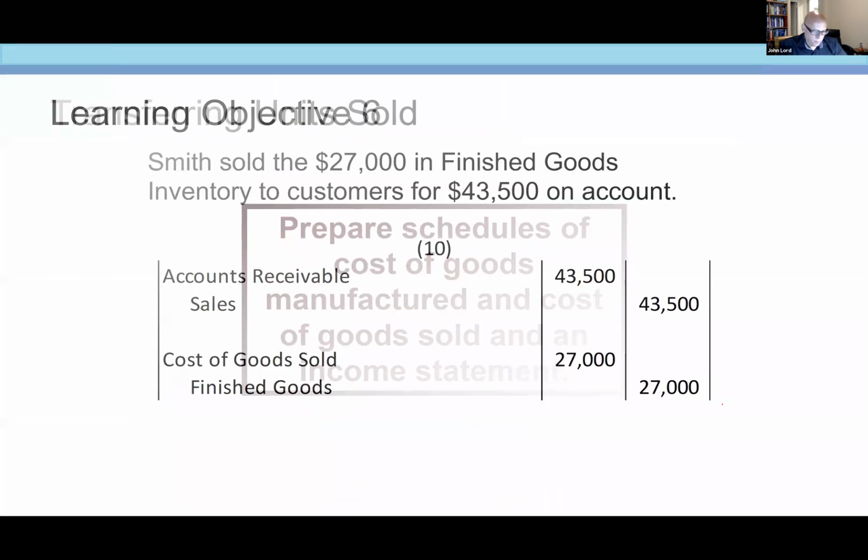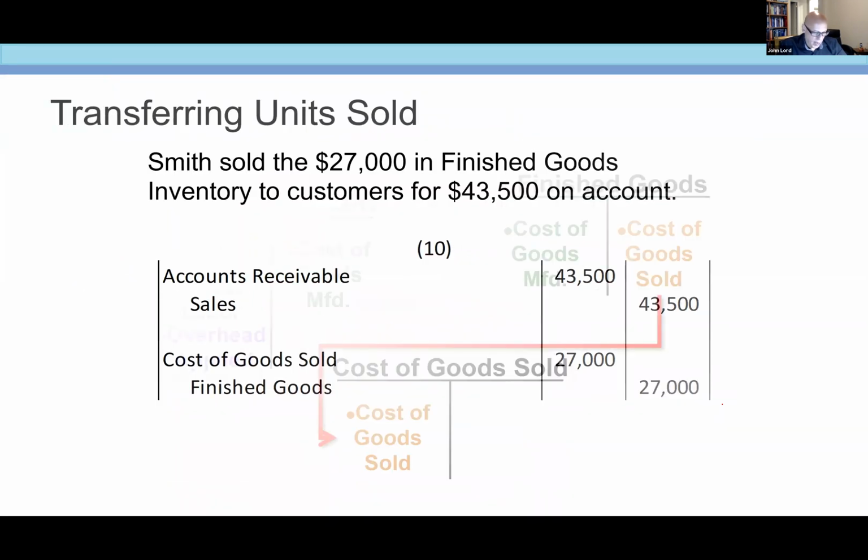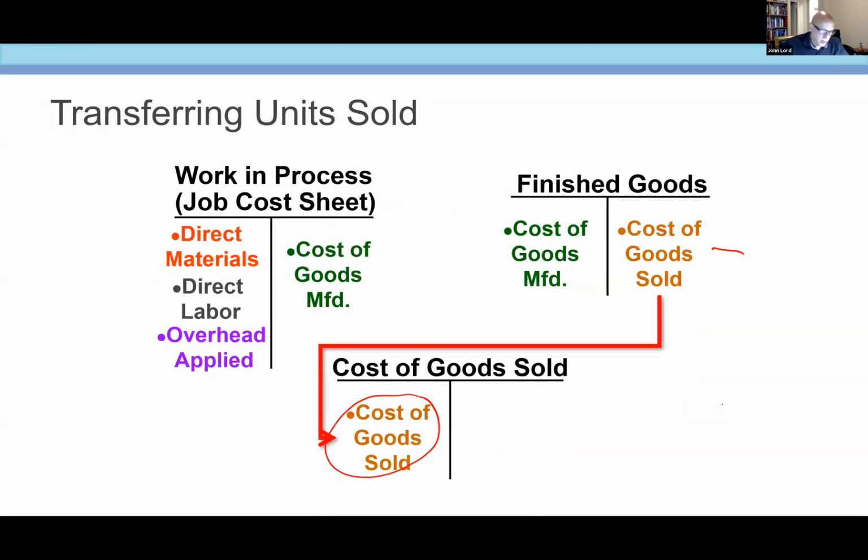Cost of goods manufactured is what comes out of work in process and goes into finished goods, right? You're close though, good. It's what comes out of work in process and goes into finished goods, and I almost reversed it myself. It's easy to do.